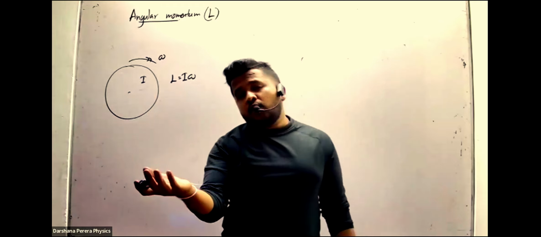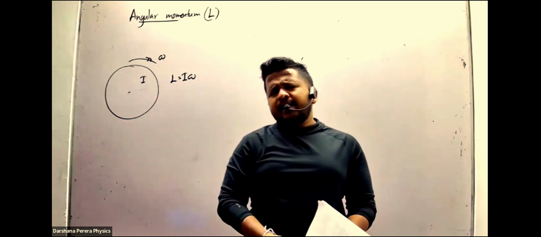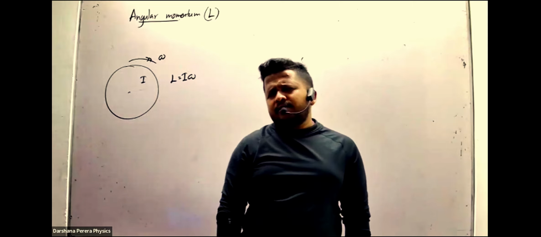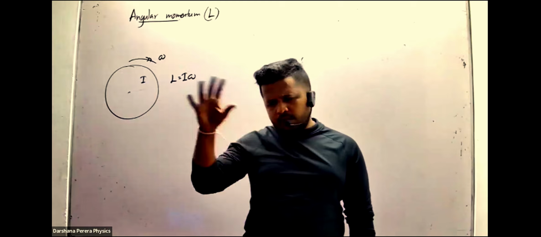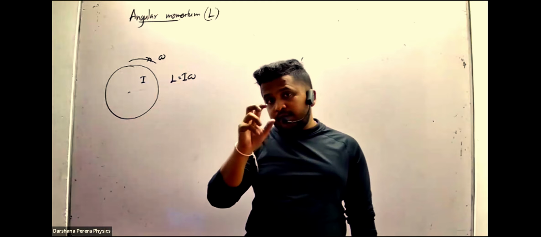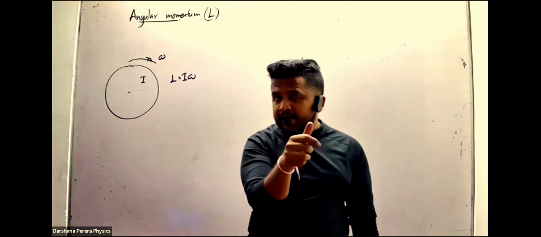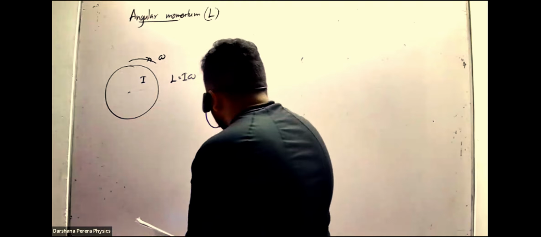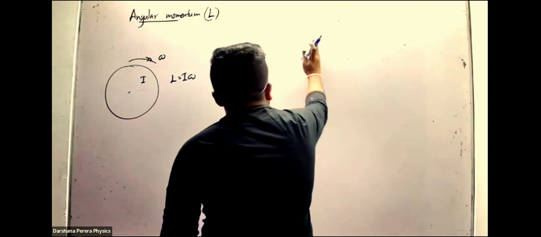The direction of omega can be taken as clockwise or anti-clockwise, as we mentioned previously. But the direction of omega can also be taken using the right hand rule.